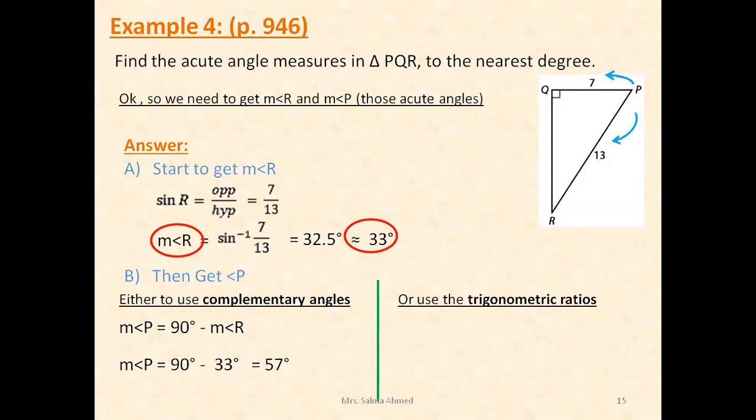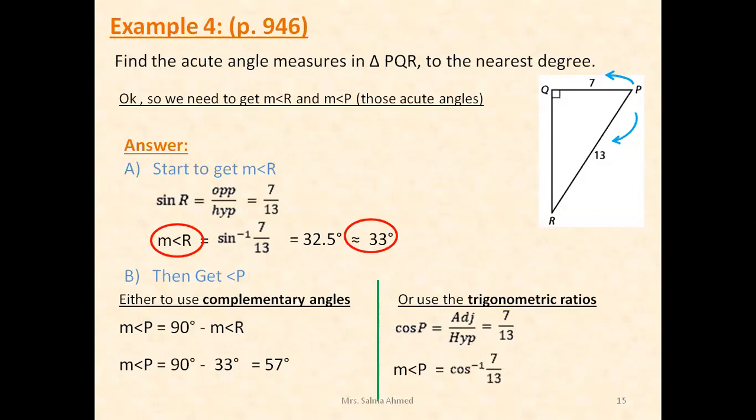If I need to get it by a trigonometric ratio, I see that for this angle I have the side beside it, so I'm going to use cosine P equals adjacent over hypotenuse. So it will be 7 over 13. If I need the measure of angle P only, I have to move this cosine to the other side as an inverse.